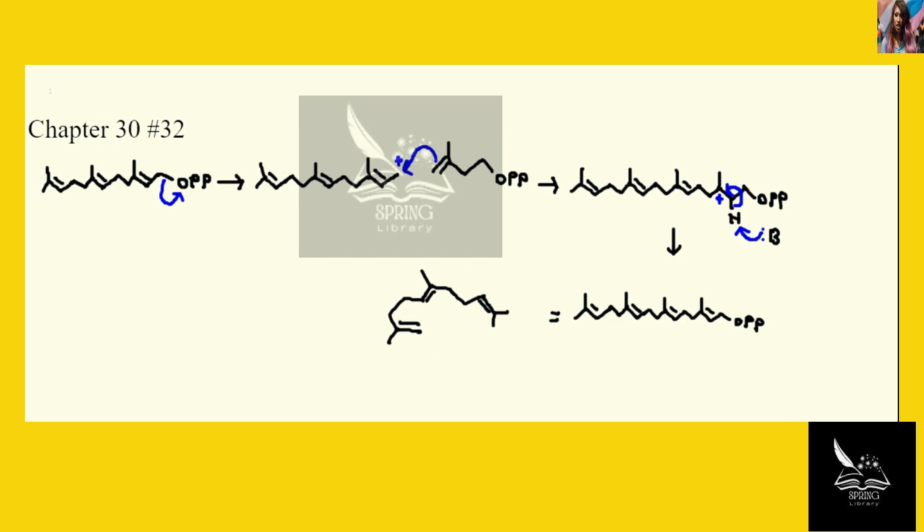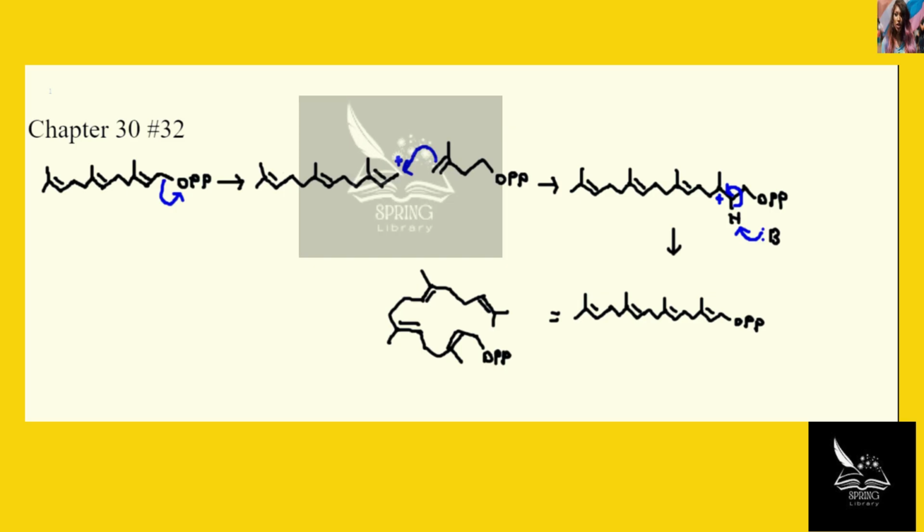Okay. And then here's our OPP, our diphosphate. Okay, so obviously the point of redrawing it like this, and I dropped a methyl group. There we go. The point of redrawing it like this is just because it makes it much easier to show this cyclization that's going to occur.